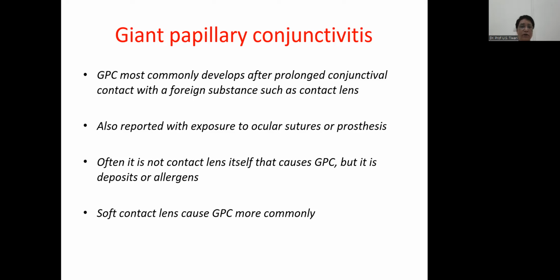Often, it is not the contact lens itself that causes GPC, but it can be the deposits or the allergens on the contact lens that may be responsible. Soft contact lens causes GPC more commonly. So these are the various situations that can result in GPC, or giant papillary conjunctivitis.